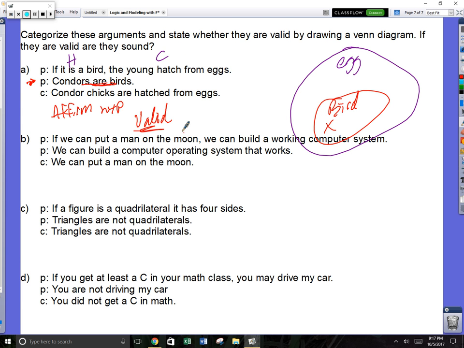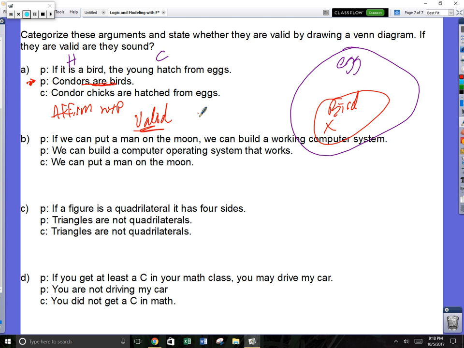Now here's the question. Is that a sound argument, or are the premises weak? So the first premise, if it's a bird, the young hatch from eggs. So the only thing that would bring that into question is if there is any species of bird on Earth that does not hatch from an egg. And I don't know, you'd have to Google it.